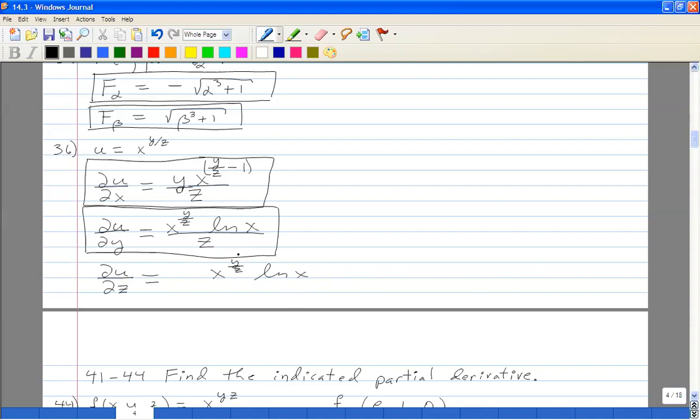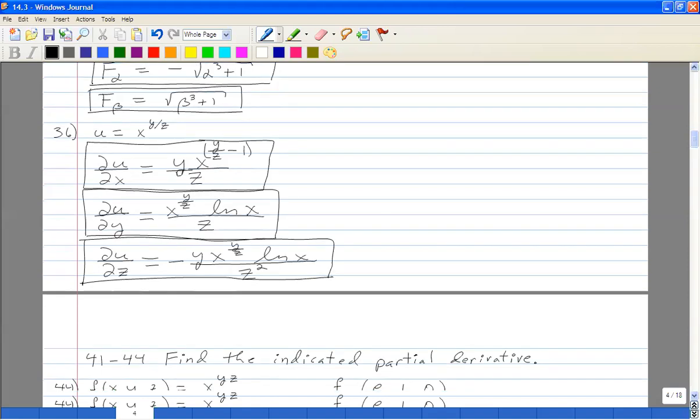Well, the derivative of the constant y over the variable z is going to be the constant y times, well, this is z to negative 1, so there'll be a minus z to the negative 2. So let's divide by z squared. And that is your answer.